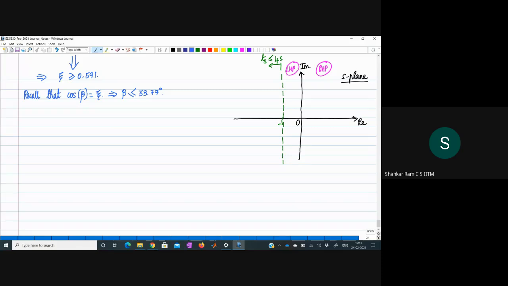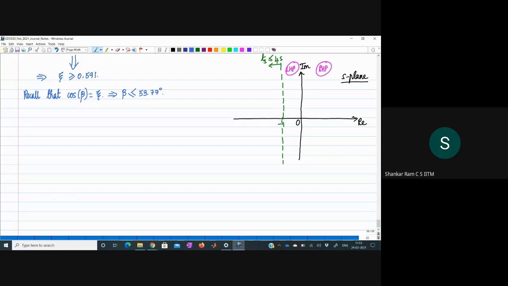So we want cos beta to be greater than 0.591. Consequently, beta should be less than or equal to 53.77. Okay, so that is what we need to essentially look at. I hope it is clear, right?